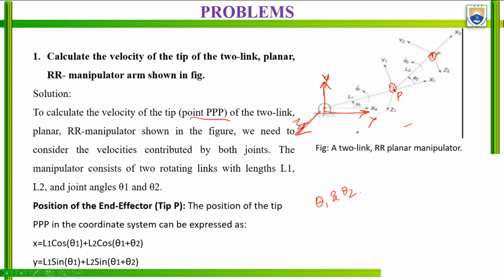When we are calculating at the point P of the two-link RR manipulator shown in the figure, the x coordinate is given as x = L1 cos θ1 + L2 cos(θ1 + θ2), whereas y is given as y = L1 sin θ1 + L2 sin(θ1 + θ2).